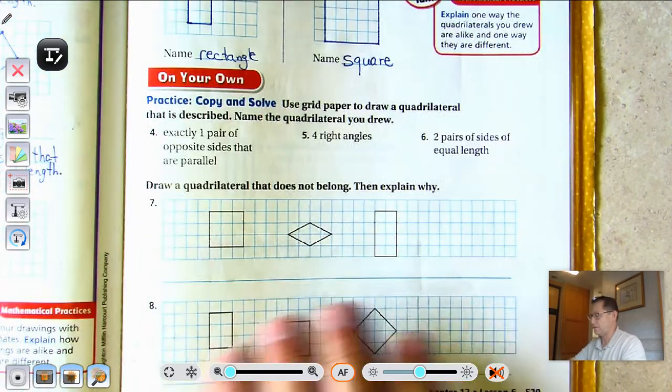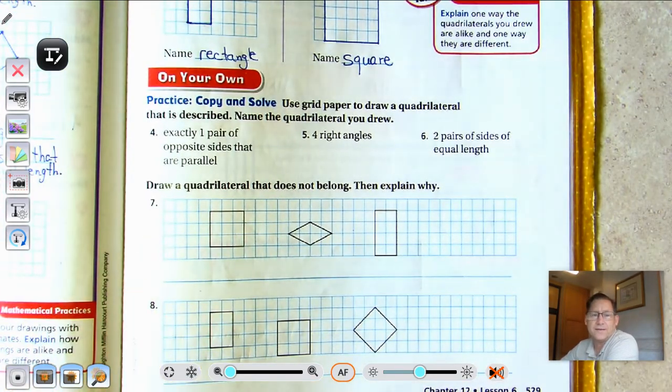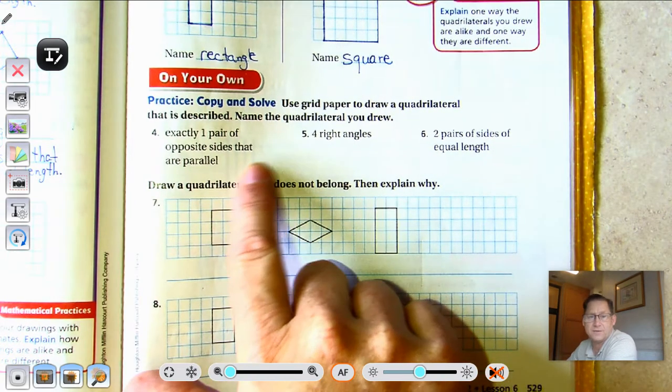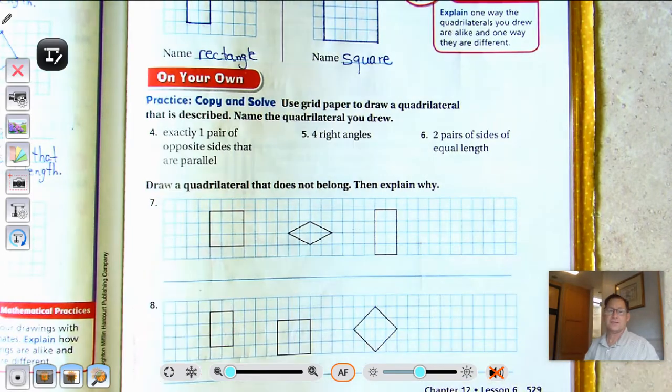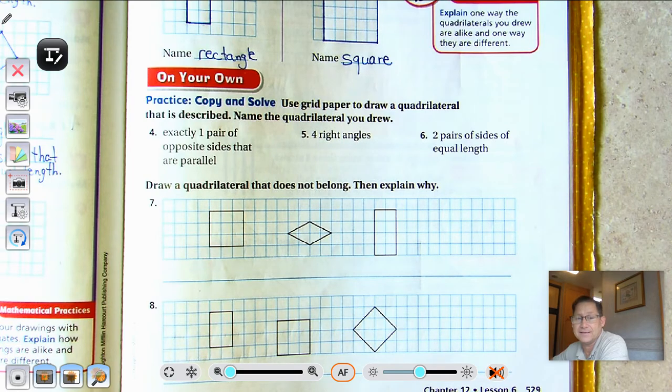All right, so number 4. Use grid paper to draw a quadrilateral that is described. Name the quadrilateral you drew. It has exactly 1 pair of opposite sides that are parallel. Okay, I'm going to go ahead and draw mine right here on the page. Okay, so exactly 1 pair of opposite sides that are parallel. That describes a trapezoid.